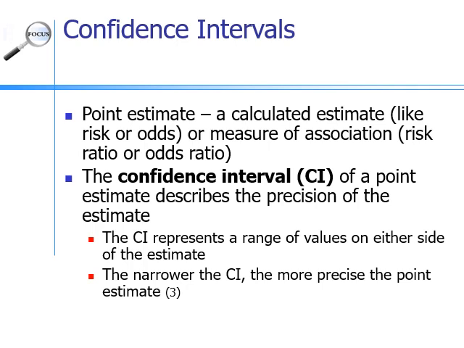The confidence interval of a point estimate describes the precision of that estimate, and usually we use 95%, the most common confidence interval. And we have to remember that the narrower the confidence interval is, the more precise is the point estimate.